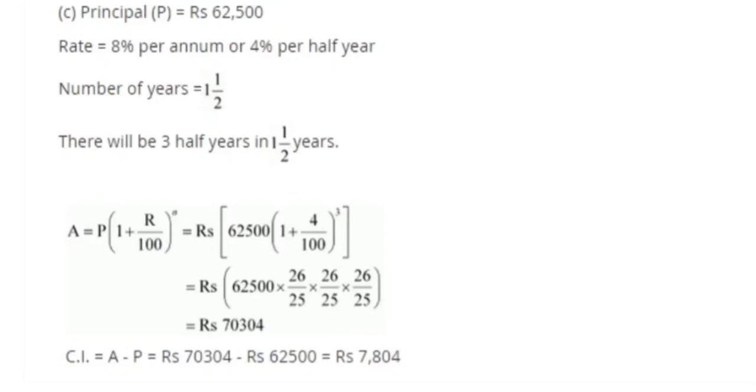Means this 26 upon 25 we will write 3 times. Now let's simplify. So answer will come 70,304. This is amount. We have to find compound interest. So compound interest is amount minus principal. So 70,304 minus 62,500. So the answer is 7,804.